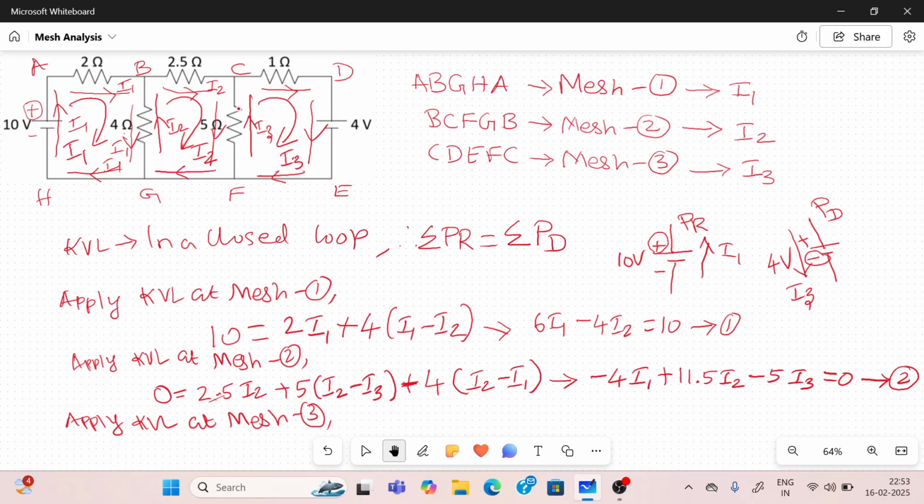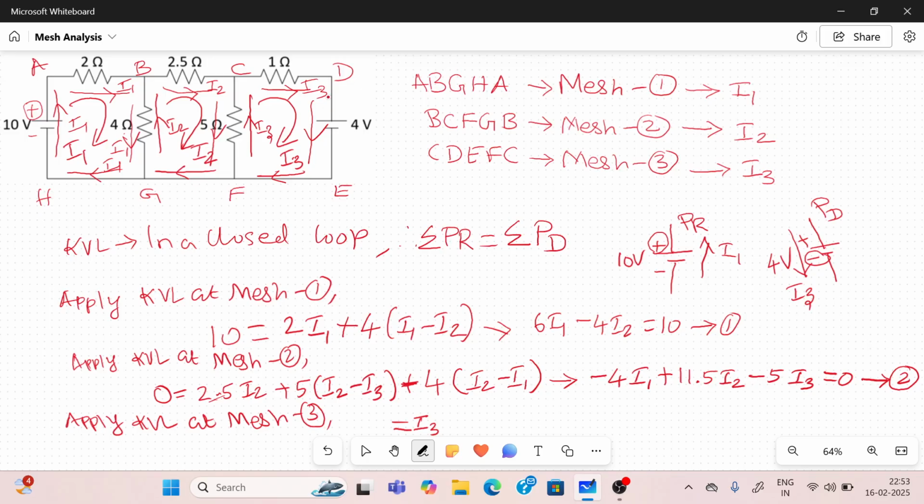I will start from the mesh: C to D, D to E, E to F, F to C. First I start from C to D. Only the current I3 is flowing, right? So the resistor will create only the drop. So we put it on the drop side: 1 into I3, it should be only I3.